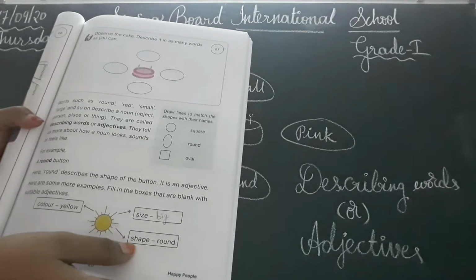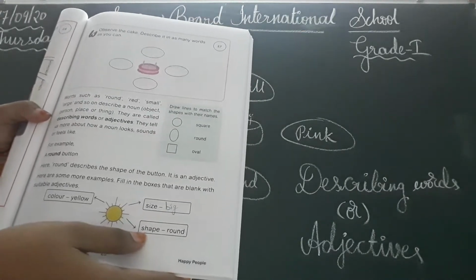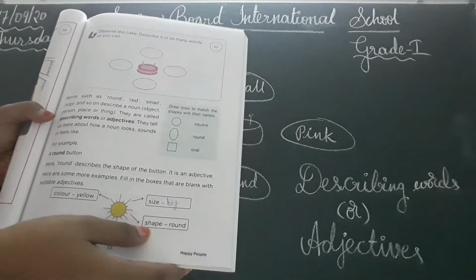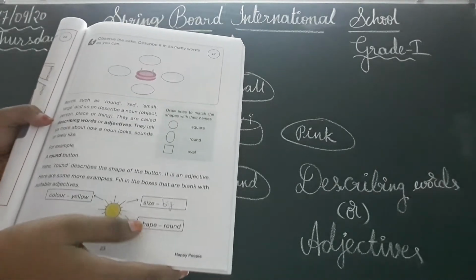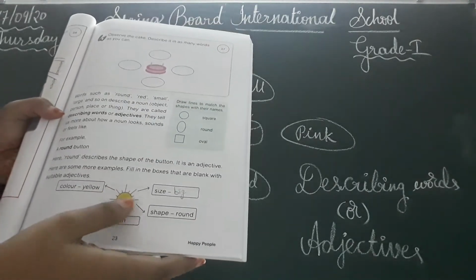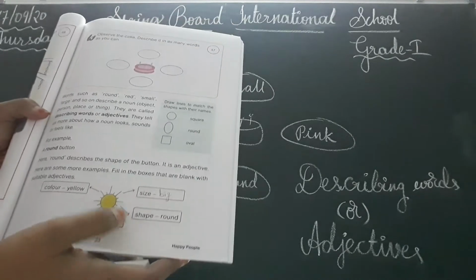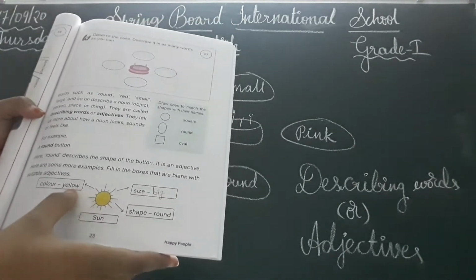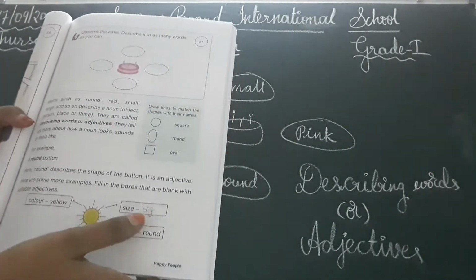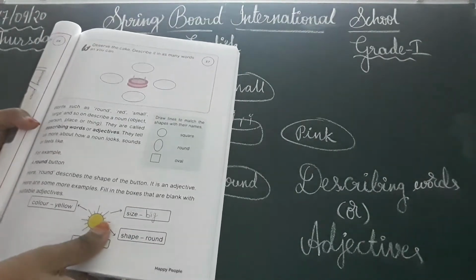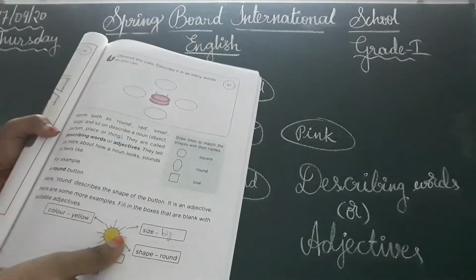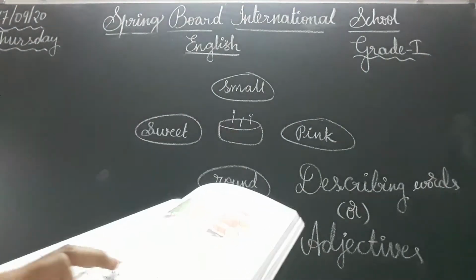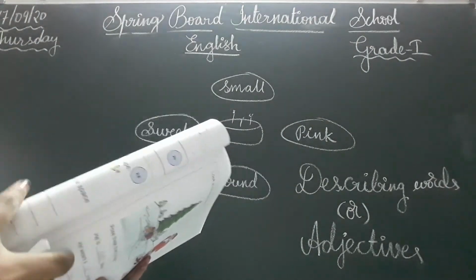Big. And in which shape is it? Oval or square? No, the sun will be round in shape. Yellow in color, big in size, round in shape, the sun is. These words yellow, big, round can be called what? Adjectives. Okay, adjectives, children.